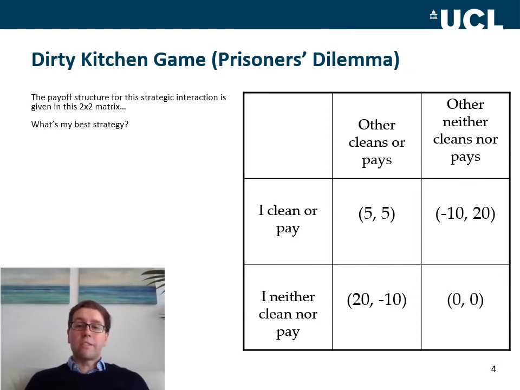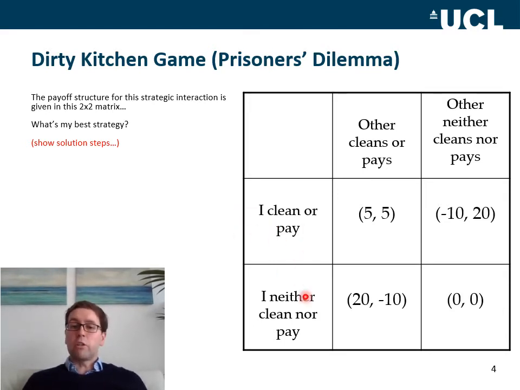Let's think about this a little bit. I'm going to use a laser pointer here for a second. What we have to ask is, what are my choices? I can clean or not clean. And I will think about what is my best response to your choice. If I think you're going to clean, I will only look at this column here. What is my best response to that?